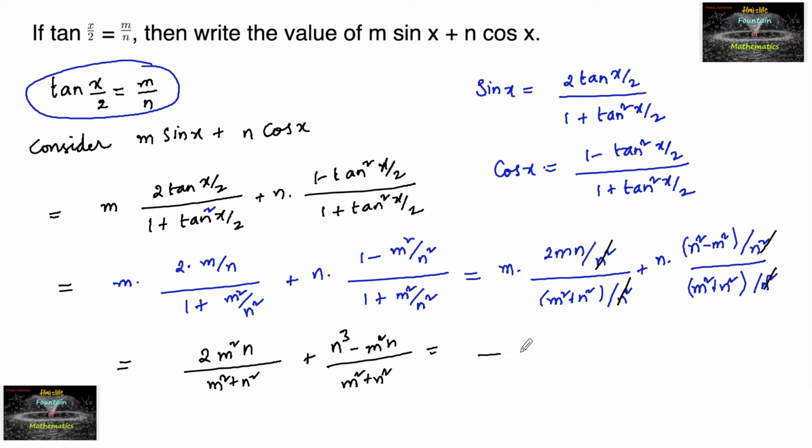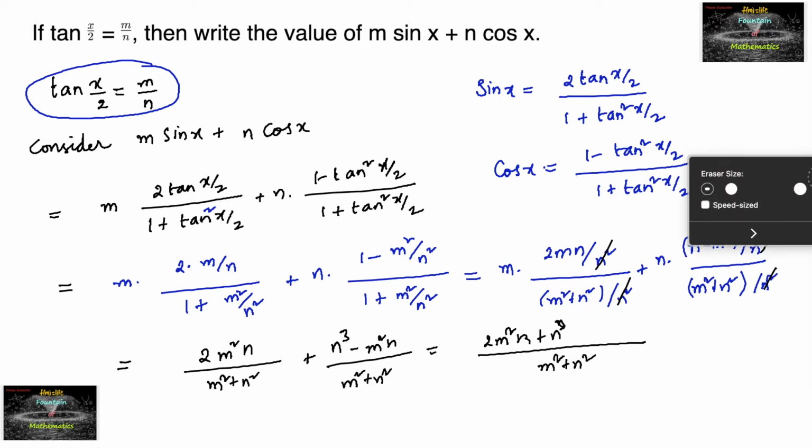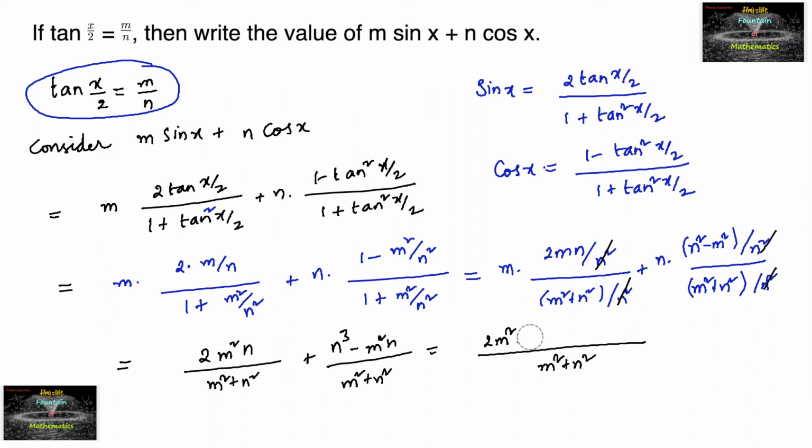So we can take m square plus n square common, and we have 2m square n plus n power 3 minus m square n, which equals m square n plus n power 3 upon m square plus n square.